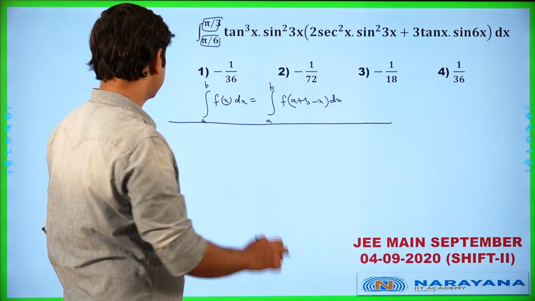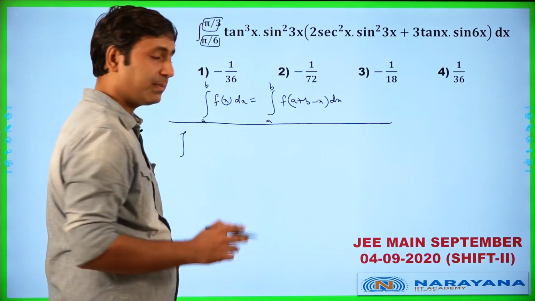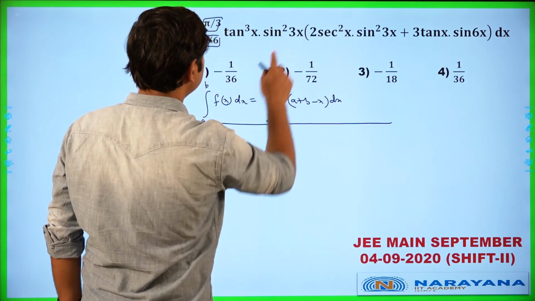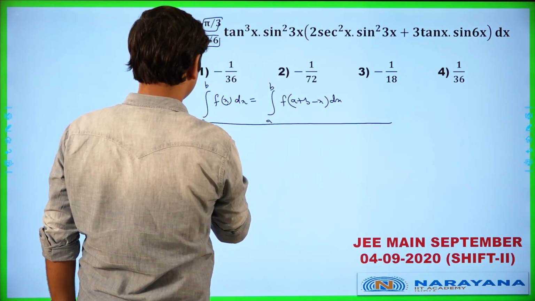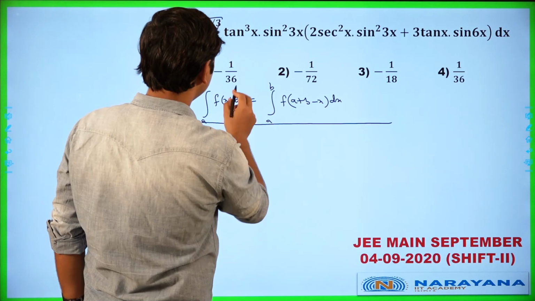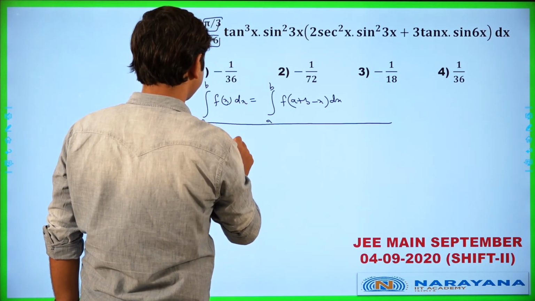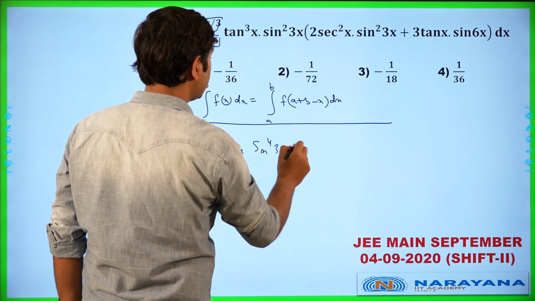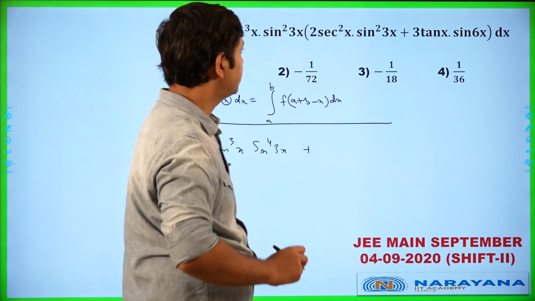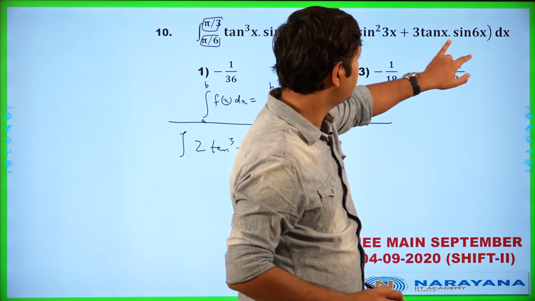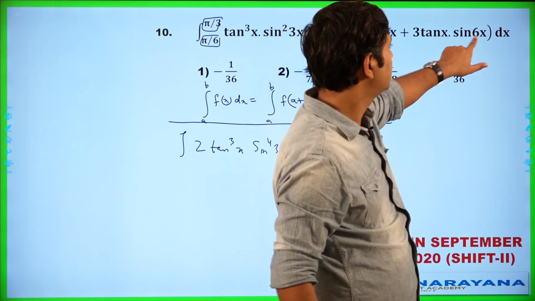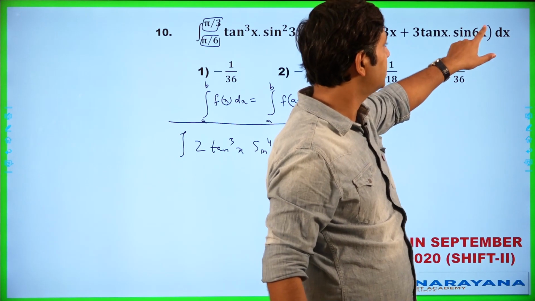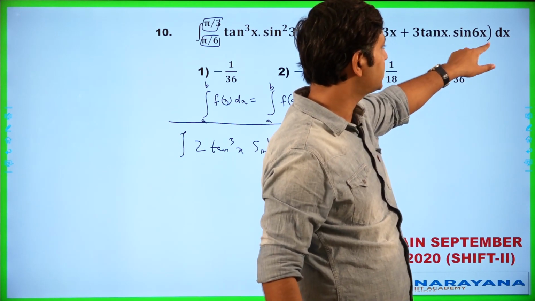So we will rewrite this expression as integration of, we will apply limits later, tan to the power 2 tan cube x sin to the power 4 3x plus, this term can be written as sin 2x and into sin 3x into cos 3x twice.